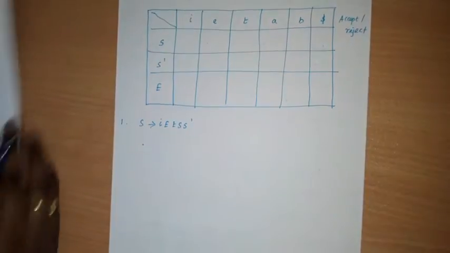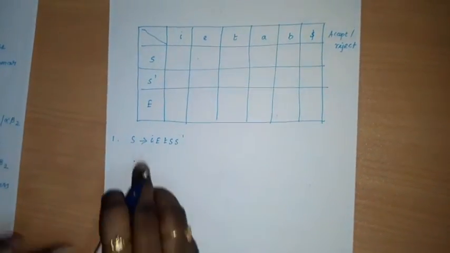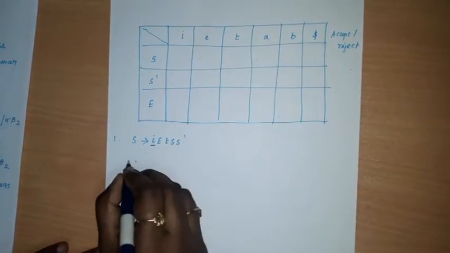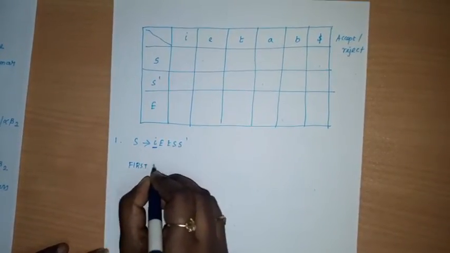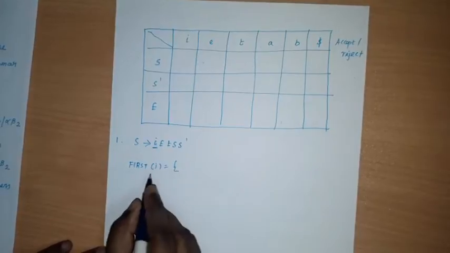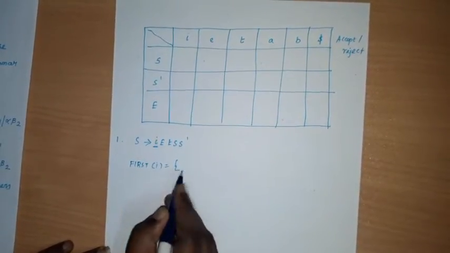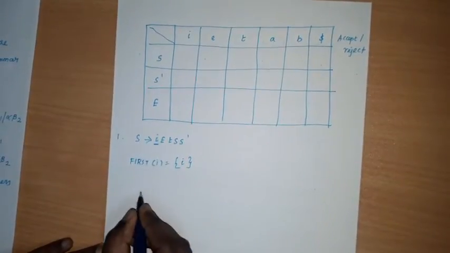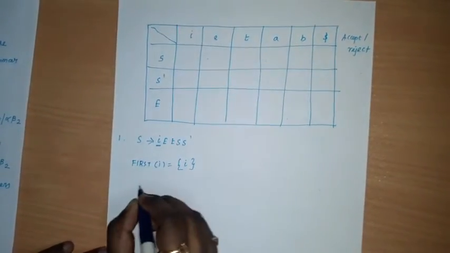So to fill up the parsing table, we have to find out the first of the right side first element. So first of i is equal to, by using the rule, first of a terminal value is the terminal value. So first of i is equal to i. Here I am going to write the table entry.